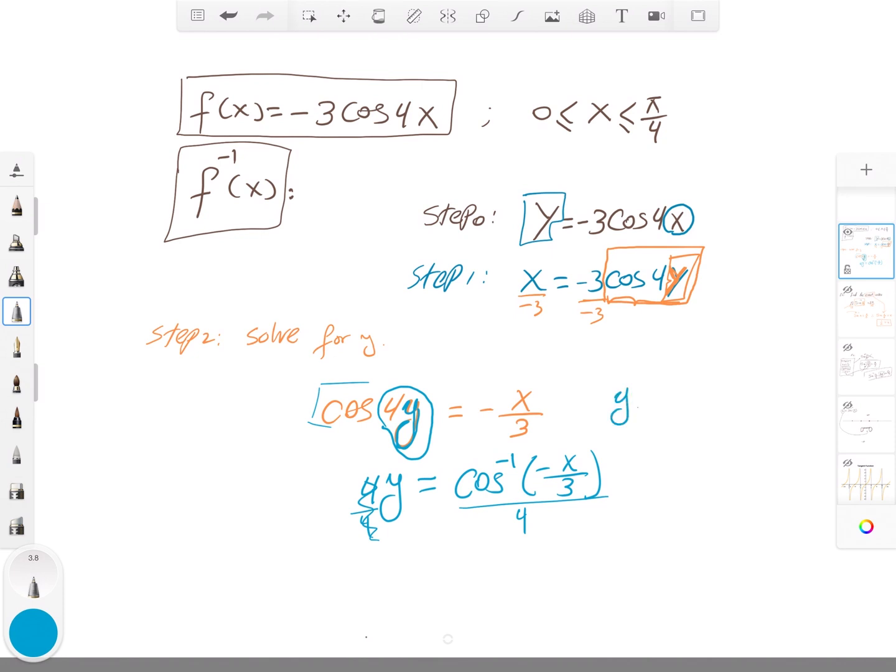So y becomes 1/4 of cosine inverse of -x/3. And the last step is we need to get rid of y and have f inverse of x.